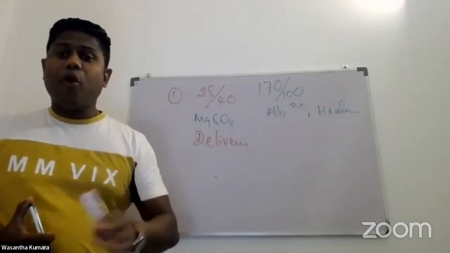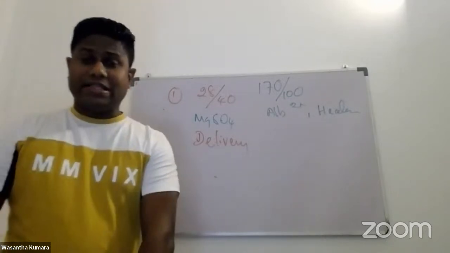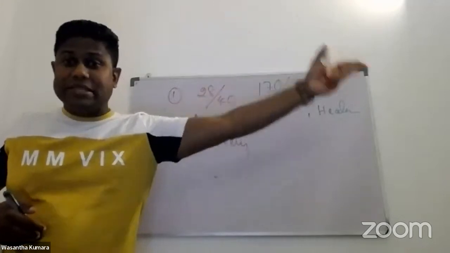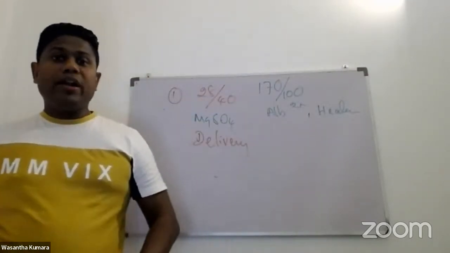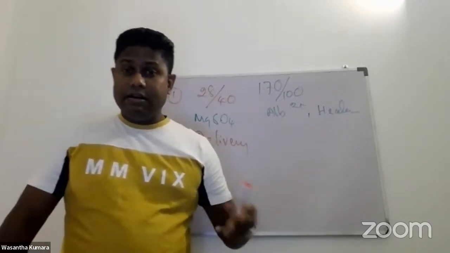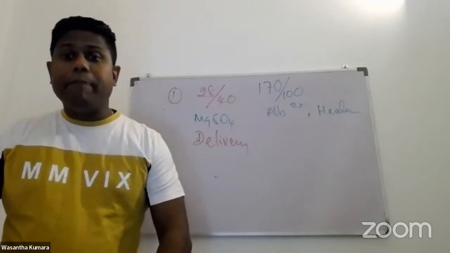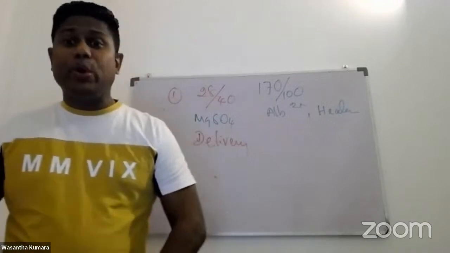What is the dose? 4 grams followed by 1 gram per hour infusion. With magnesium sulfate, the risk of eclampsia will be minimized. You can't 100% remove the risk of eclampsia, even with sulfate. Still, some patients can rarely develop an eclamptic fit, but the chance is very low.